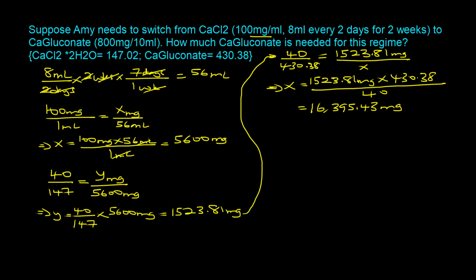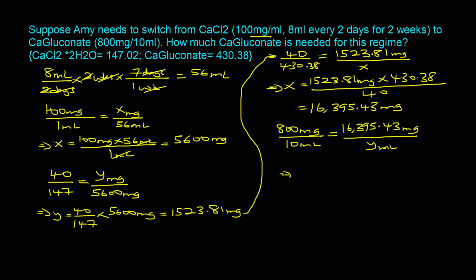So we will make use of the concentration of calcium gluconate, which was given as 800 milligrams in 10 milliliters, and we will set that equal to the amount of calcium gluconate, which is 16,395.43 milligrams, divided by the volume, which would be y ml, because we do not know the volume. That's what we're looking for.